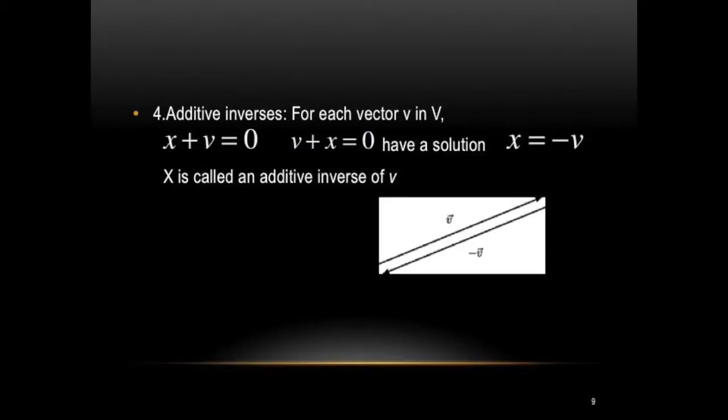For each vector V in vector space V, x plus V equals 0 and V plus x equals 0 have a solution x equal to minus V, and x is called an additive inverse of V. Look at the graph. Both vectors have the same magnitude but opposite directions. It means the other vector is the additive inverse of V.